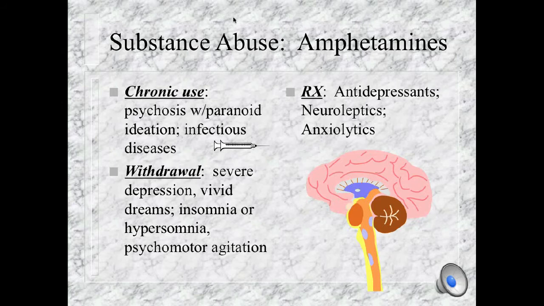And then infectious diseases. Withdrawal signs of amphetamines are what you call the crashing phenomenon, and there's severe depression, and suicide can result, as the depression is so much worse during that phase. The person may be insomniac or hypersomnic, where they're sleeping too much or they can't sleep at all. Oftentimes it causes psychomotor agitation.